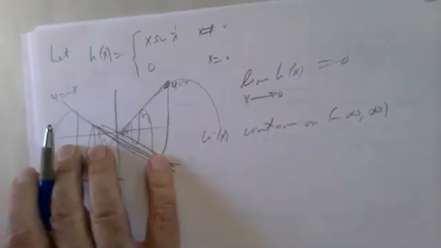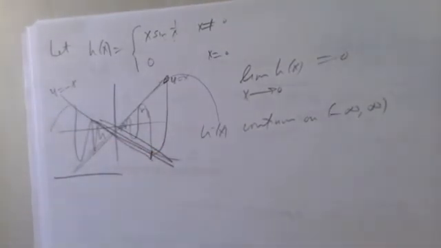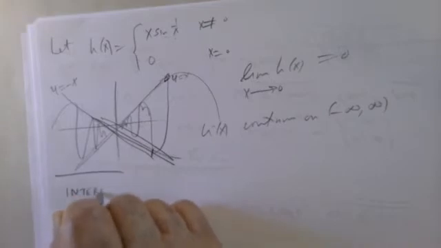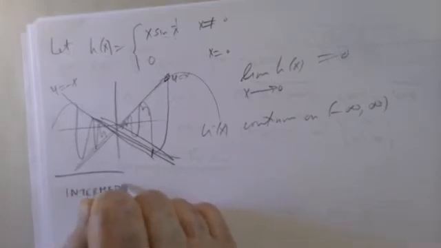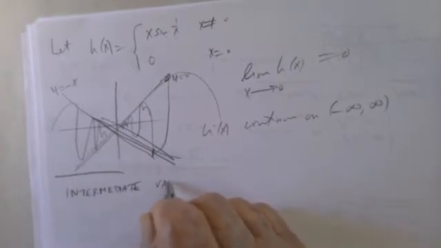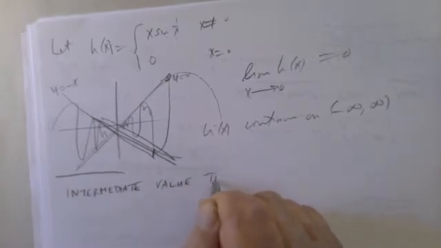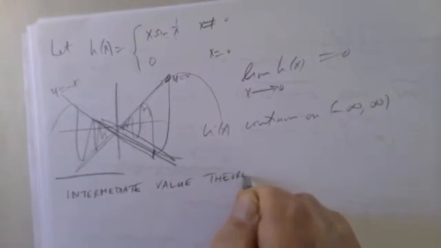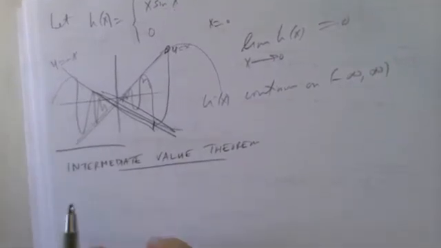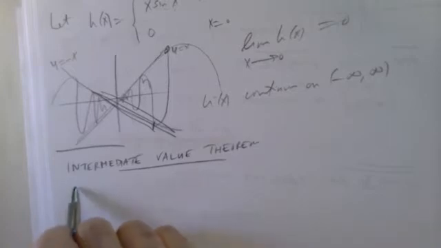But the big theorem in this section on continuity is something called the intermediate value theorem, which says something like you can't get from A to B without going through C. So the statement is as follows.